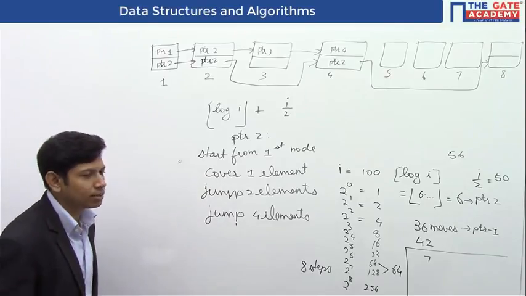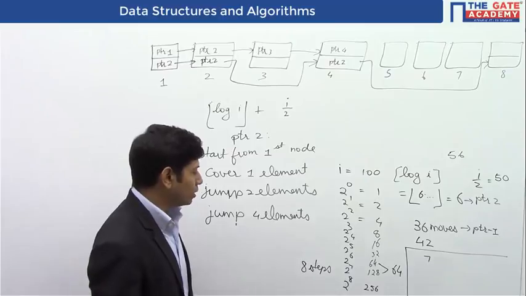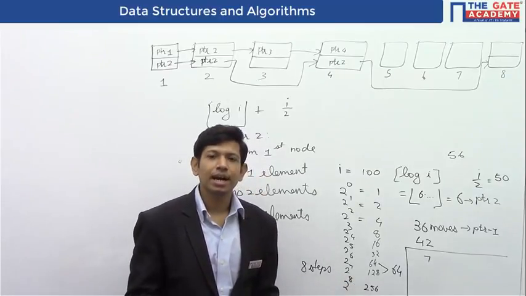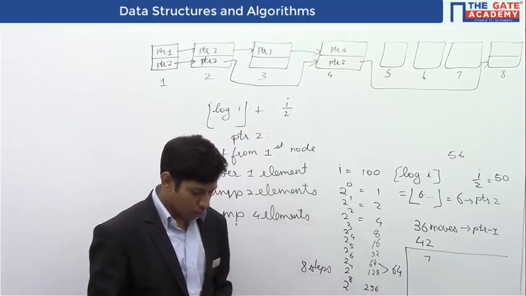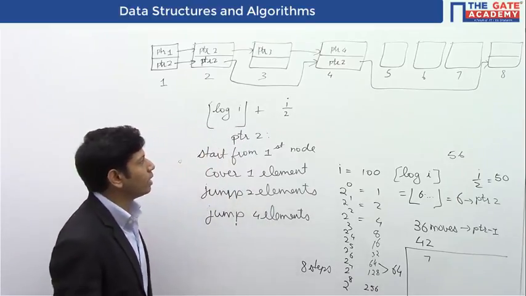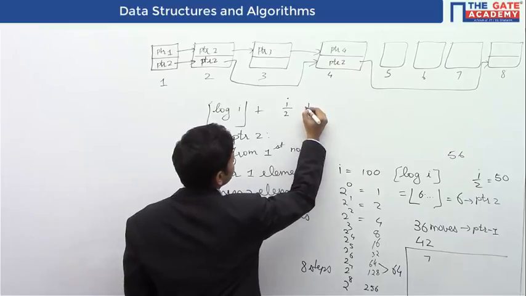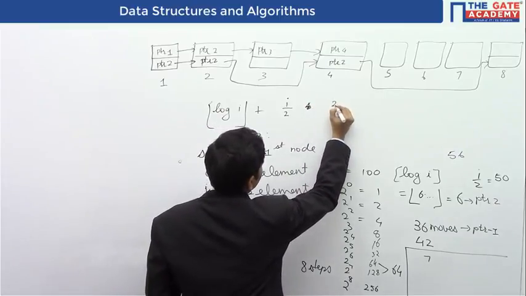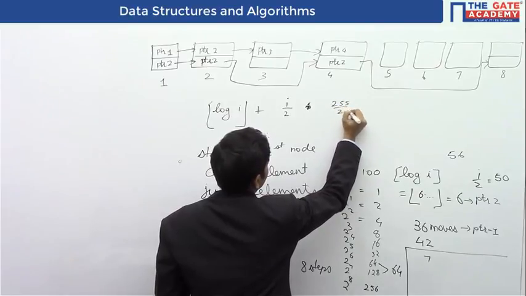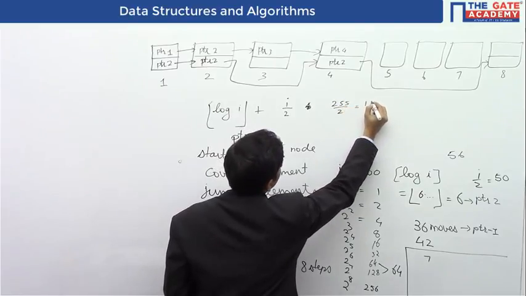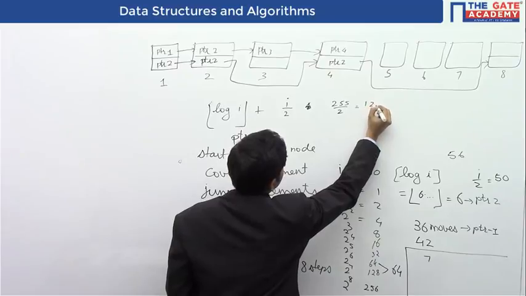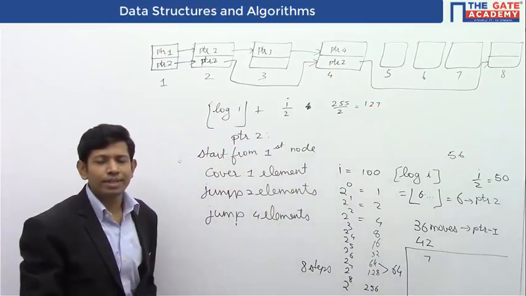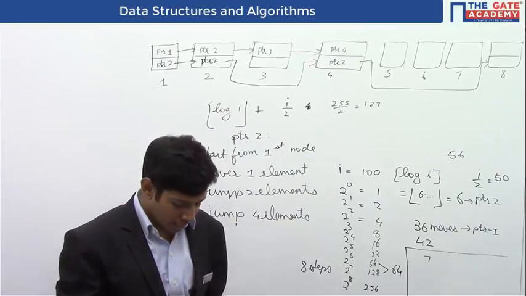And what can be the maximum value of I by 2? Even if I is 255, let's say I is 255, what is the value of I by 2? I by 2 is somewhere around 127 to 128.